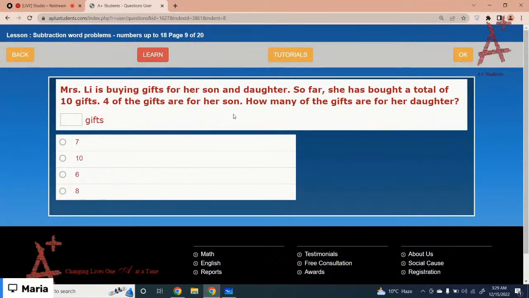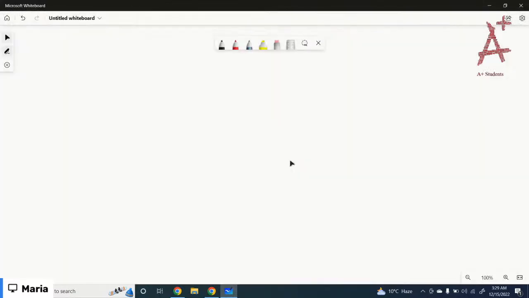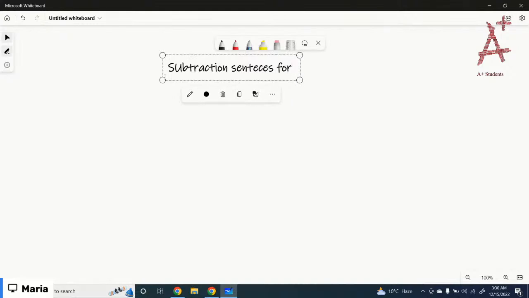Okay, you can complete the test by yourself later today. Let me just move on to the next lesson. The next lesson is the same thing we are doing. You have to subtract the numbers out of 18. Got it? The lesson name is Subtraction Sentences for Word Problems.